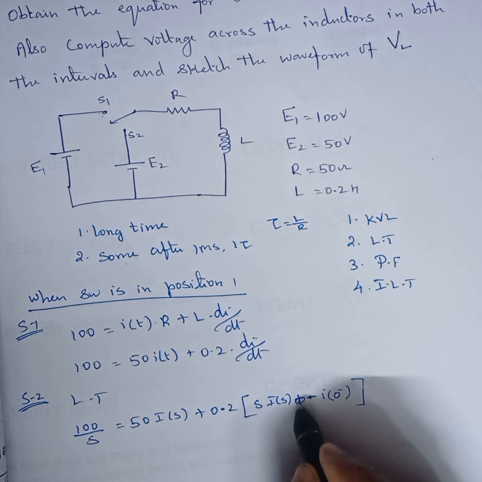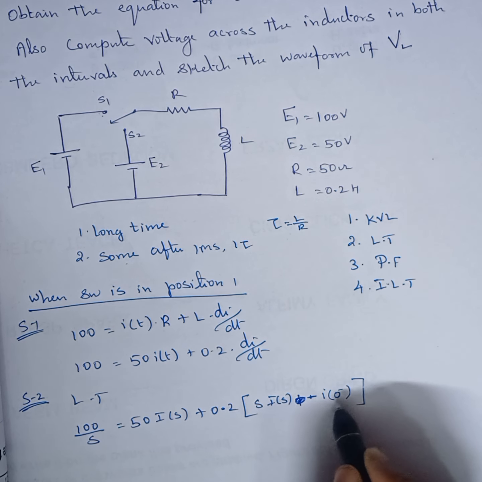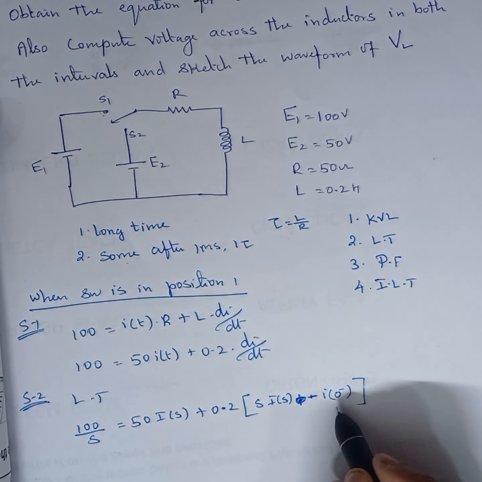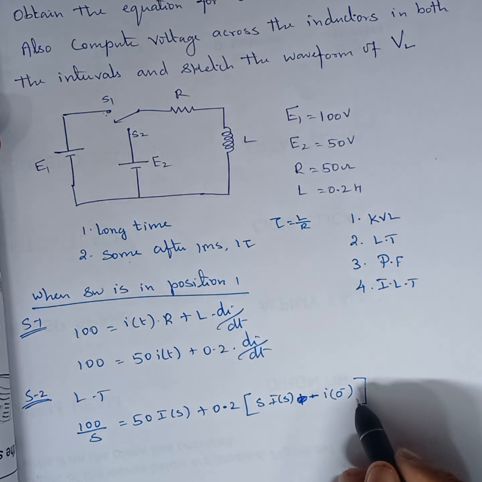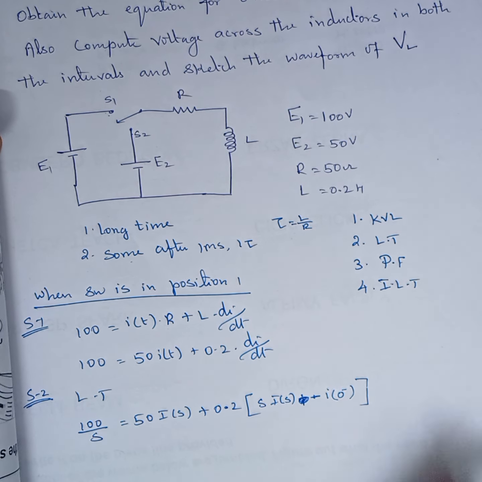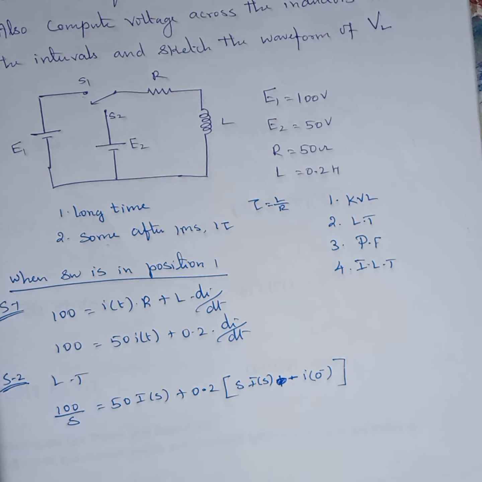All are the same notation because in an inductor I of 0 minus is equal to I of 0 plus. That is, current before closing the switch is equal to after closing the switch. Clear? So it can be any notation in the textbooks.